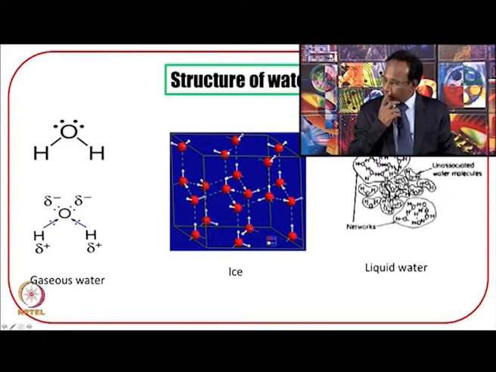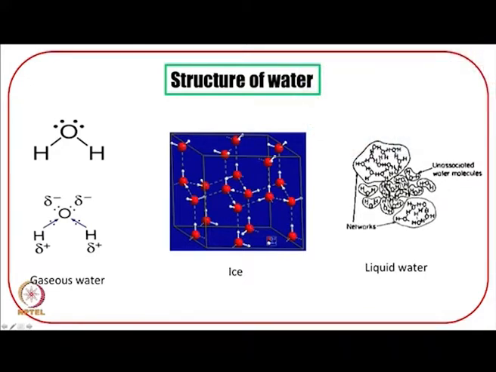The liquid water is a partially broken down structure of ice. What happens is, some of these water molecules are broken, they come out of the hydrogen bonded network and occupy the interstitial spaces which are seen over here.